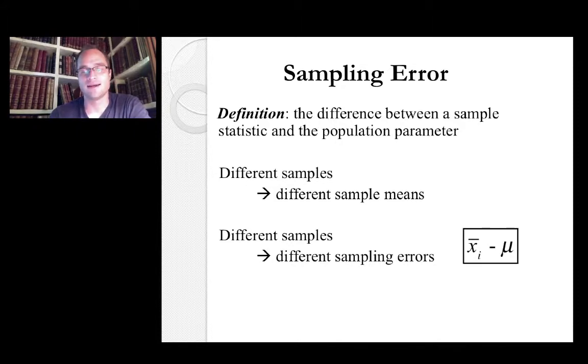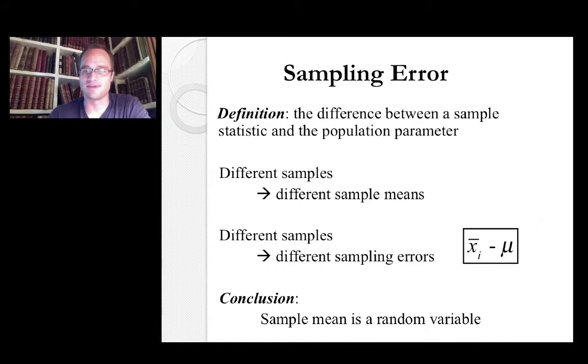Here's an example: this is x bar, the sample statistic, with a subscript i to denote this is a distribution of x bars. Various x bars can be drawn from that population. Mu is a parameter value, so it has no subscript. The point is that the sample mean is a random variable, and thus it's going to have its own distribution.